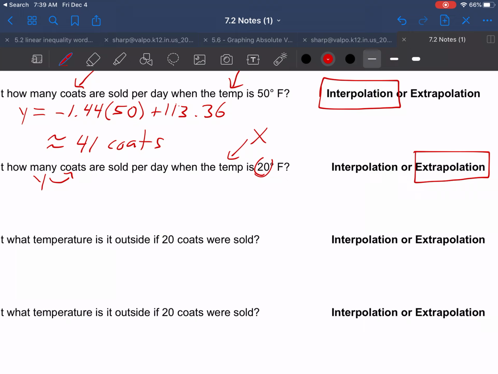So how many coats? Well, y equals negative 1.44x all plus 113.36. Right? Which means y equals negative 1.44x, but I know that x is 20 degrees in this problem, and I'll add the 113.36.